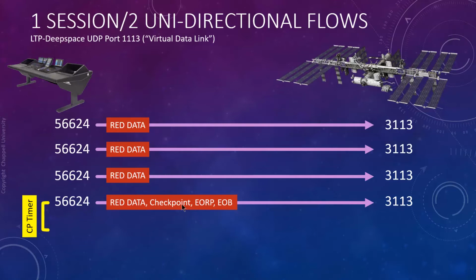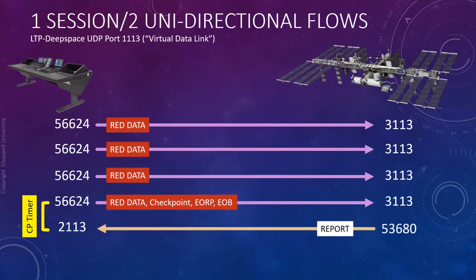And remember, checkpoint is our way of asking our peer that we're talking to send back a report on what is received. Once checkpoint gets sent across the network, a checkpoint timer begins. And if we don't receive that report back before the timer expires, we send another checkpoint packet over to the target system.